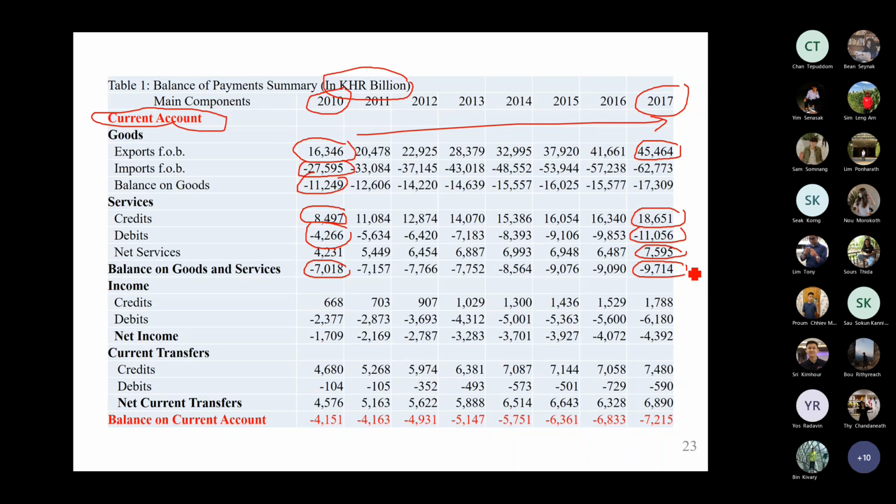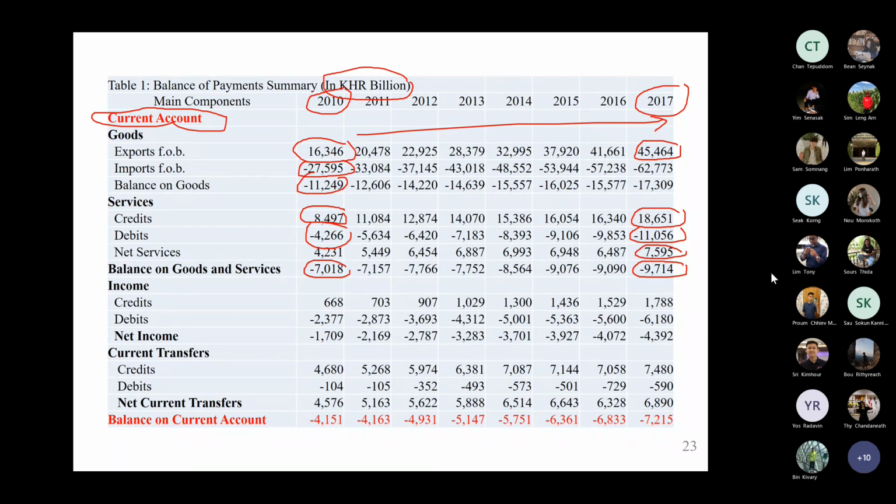So would you have any question regarding this, the export and import in the current accounts? Please let me know. Good evening, Dane. Dane, are you there? Okay, maybe Dane is not there.